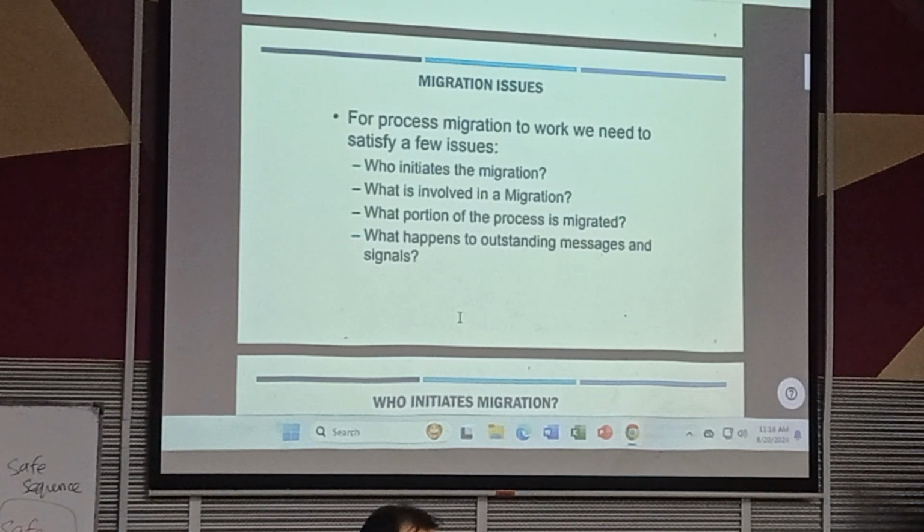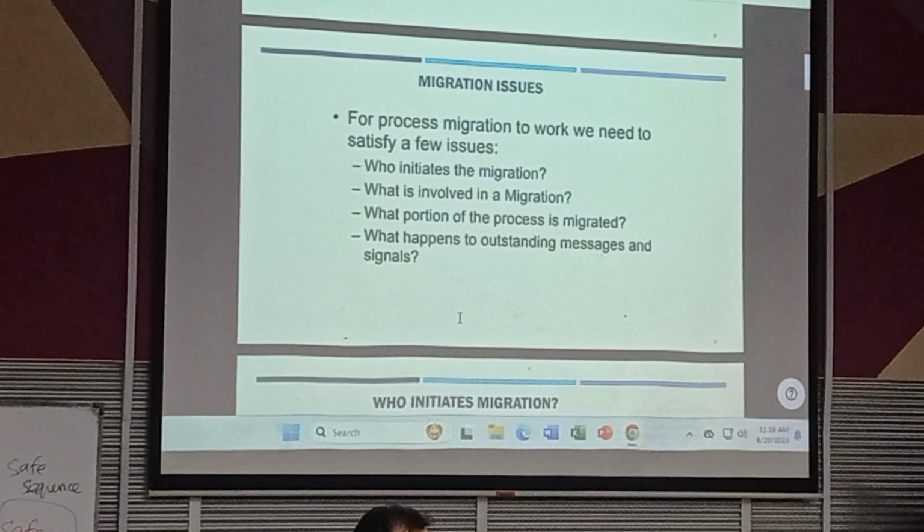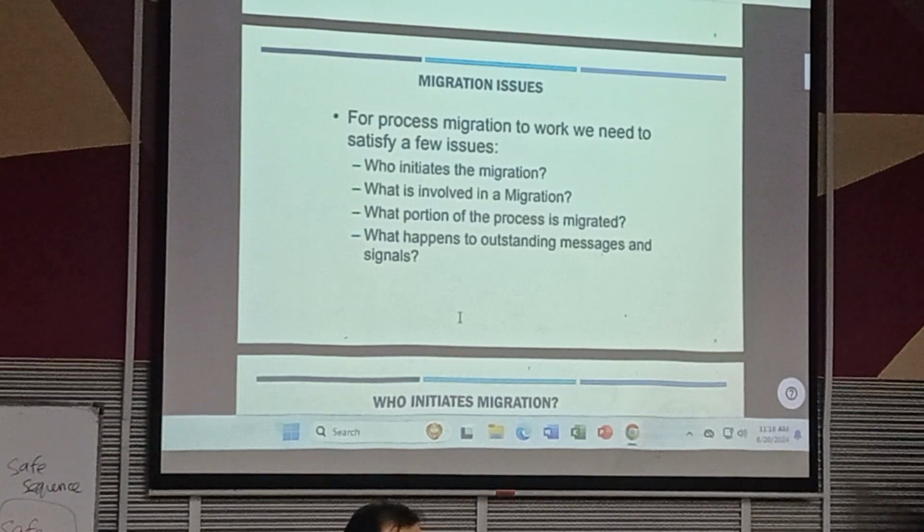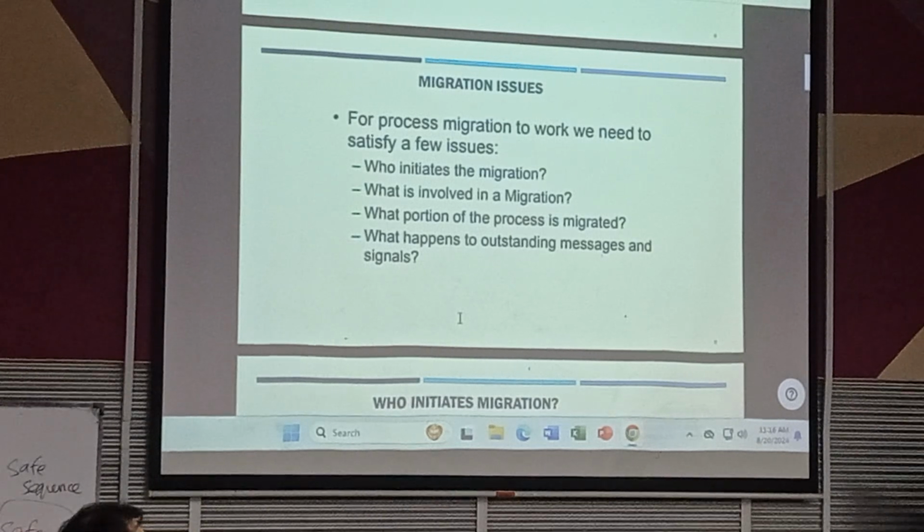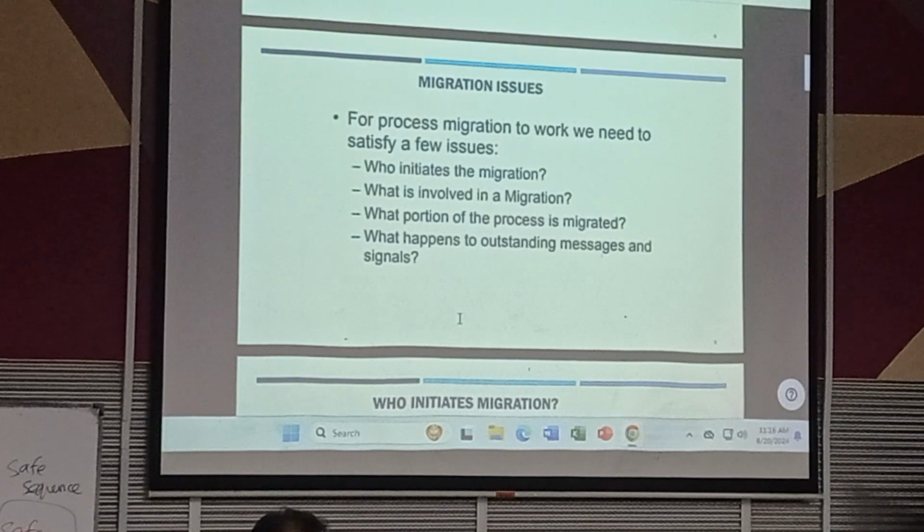It's still collecting the remaining messages, and then diverting them to the final destination. So it's still alive for that period of time, until you feel that, okay, right now I think I'm safe, there are no more messages, then I can shut down. Okay, so these are the issues that you need to handle to make sure that everything runs smoothly.